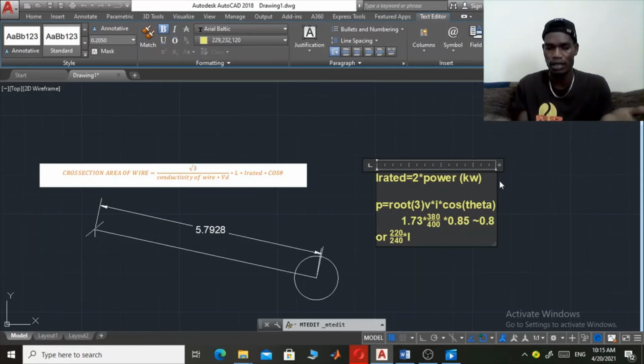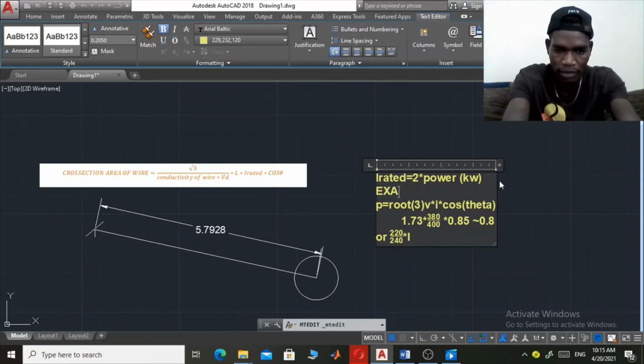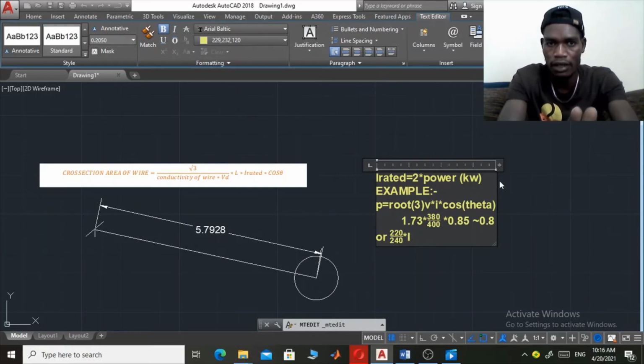Let me give you an example. Let's say your load center is a motor, and the motor capacity is 55 kilowatts. It's a very important thing, by the way.